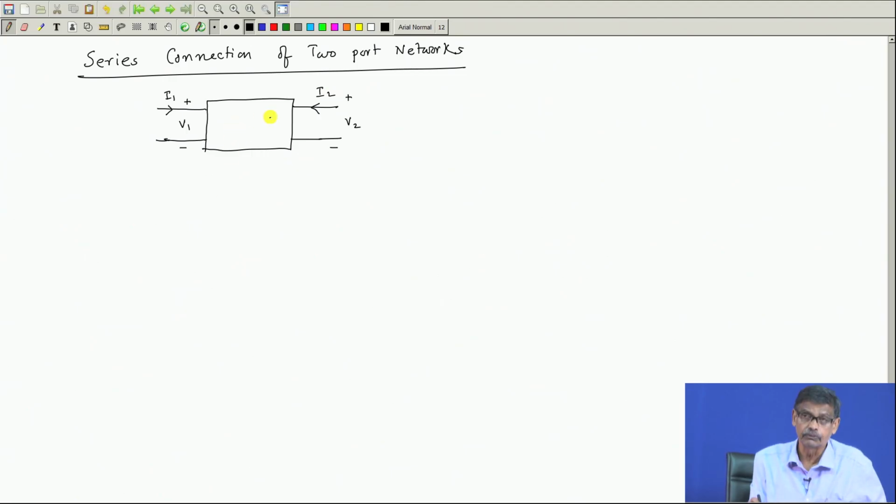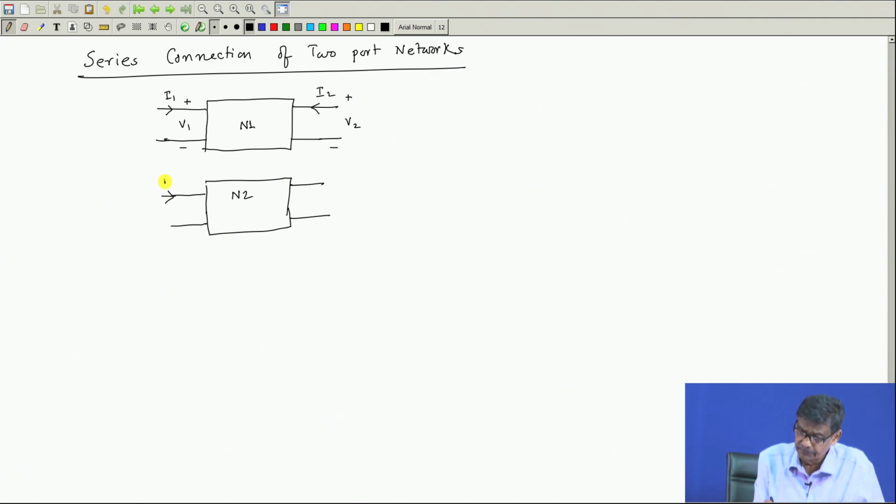This is network 1. Take another network, N1 two port network, another network N2. It will also have a pair of terminals in the input port and also in the output port. Let this be called I1 dashed and its input voltage be called V1 dashed, and this voltage is plus minus V2 dashed and this is I2 dashed.